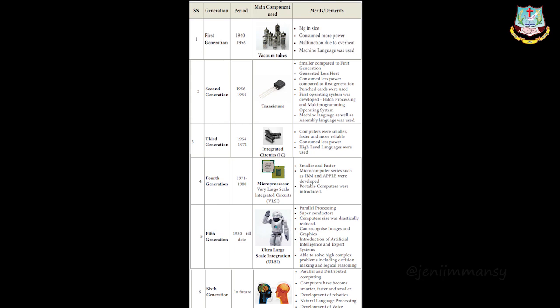You can just mention the names: vacuum tubes, transistor, integrated circuits, microprocessor, VLSI, ULSI, and in future you can just write human brain and robotics, like that, and you can put an arrow between them. Instead of a diagram you can just write robotics and human brain. Okay, so all these columns must be there: serial number, generations, period, main component used, merits and demerits.